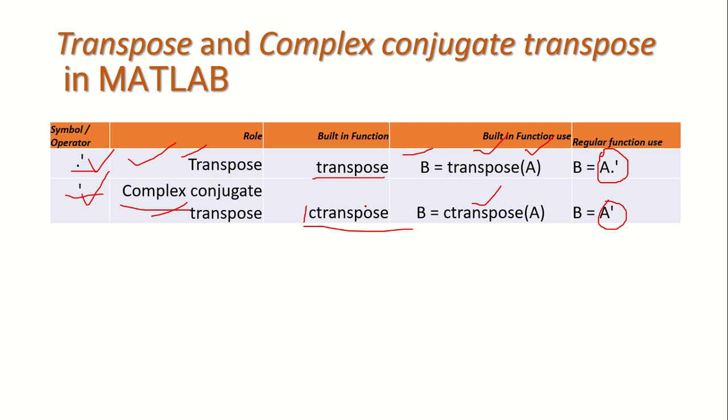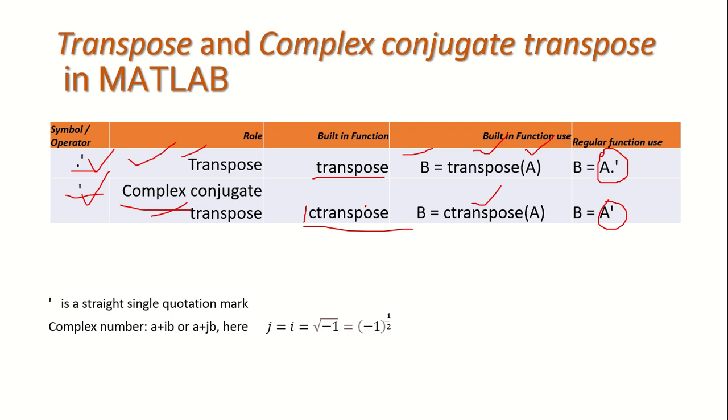Before that, we want to know about the single quotation mark and what a complex number is. This we call the straight single quotation mark. Generally on your keyboard and everywhere in text typing we use curly quotation marks, but in MATLAB, even if you type this single quotation mark, it will take it as the straight single quotation mark, because in MATLAB we don't have curly quotation marks.